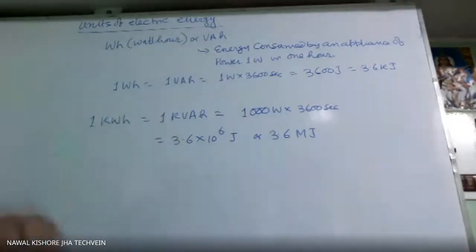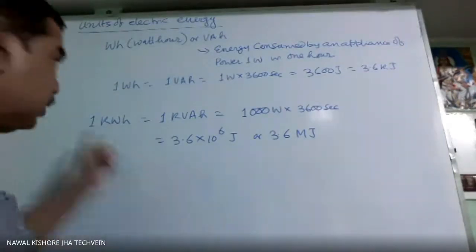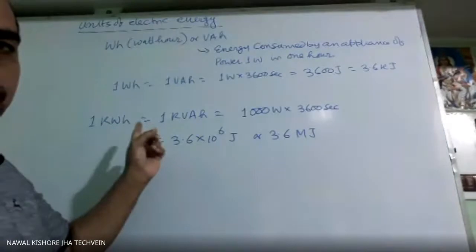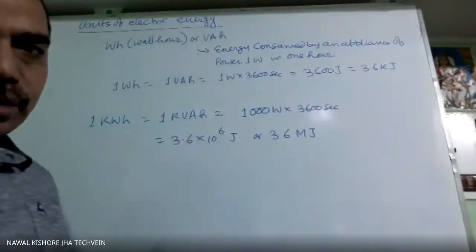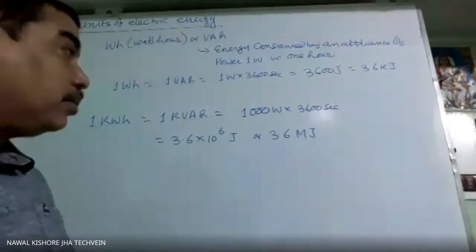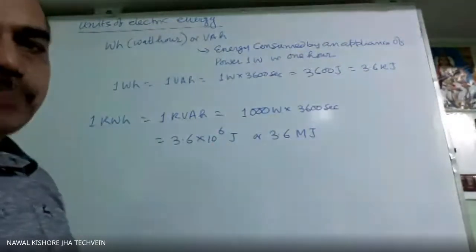And whatever electric bill you are getting, when you have a genuine connection, you get an electric bill every month. In that, it is written how many units you have consumed. So unit means this one. Sometimes we say this is the commercial unit in which consumed electric energy is expressed.